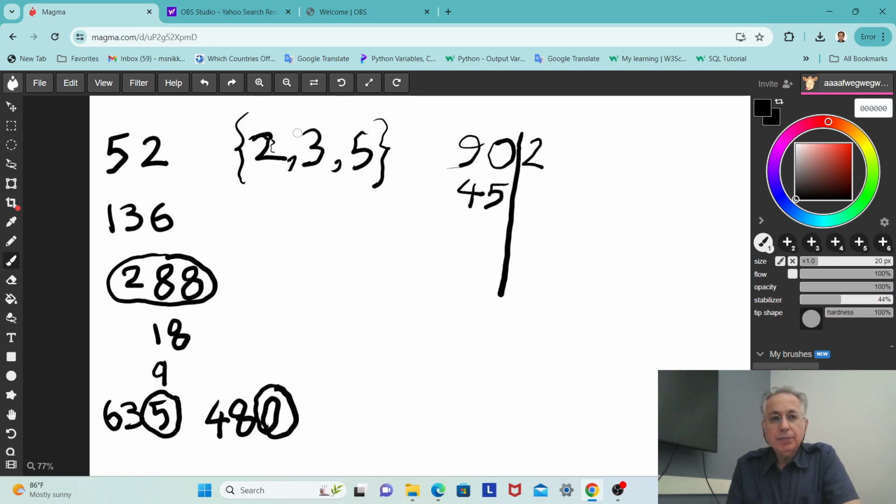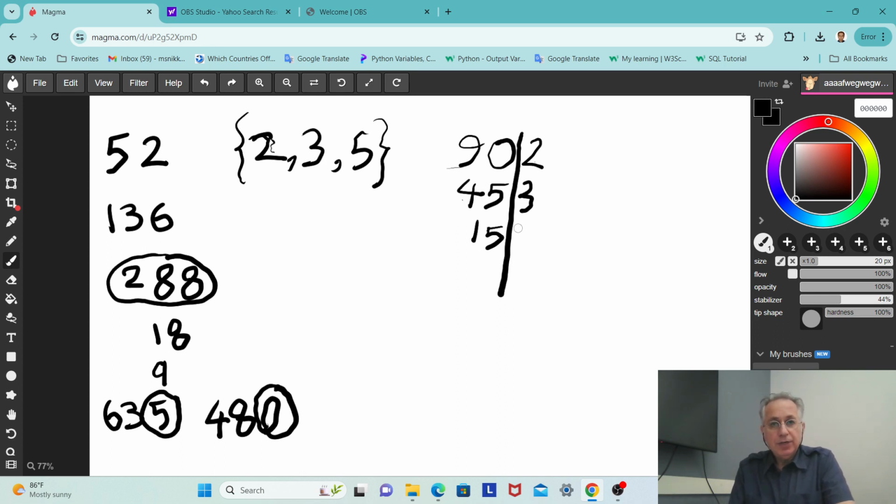What is the next prime? 3. Calculate the summation of digits. 4 plus 5 is 9. 9 is a multiple of 3. So 45 divided by 3 equals 15. 1 plus 5 is 6. Still a multiple of 3.